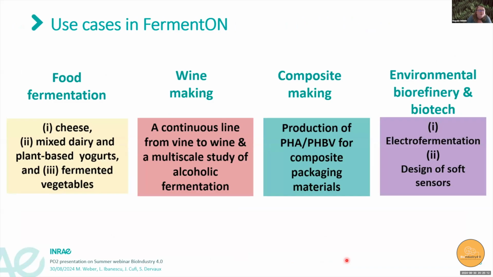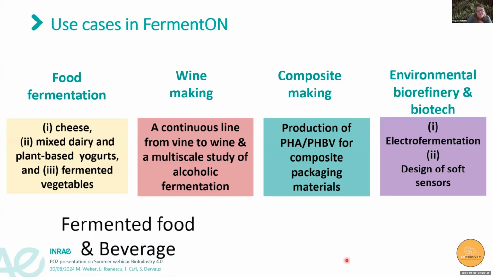So we have first the food fermentation use cases, with products such as cheese, mixed dairy and plant-based yogurts, or fermented vegetables. And we also have winemaking, for fermented food and beverage. For winemaking, we have a continuous line from vine to wine, and a multi-scale study of alcoholic fermentation.